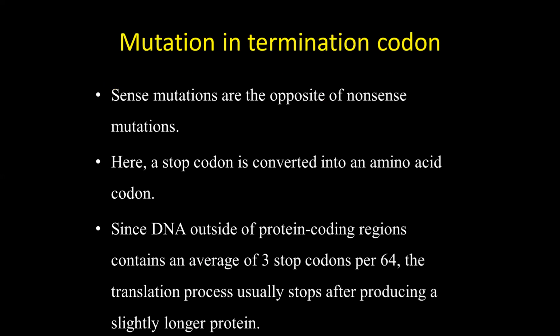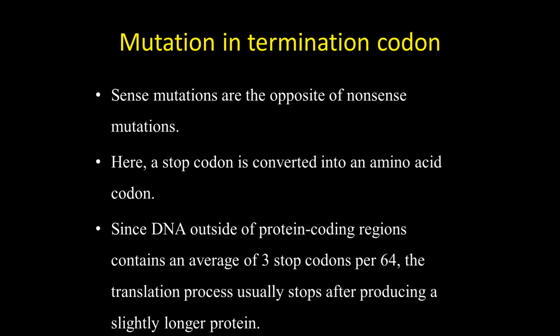The fourth type of mutation which occurs because of base pair substitution is mutation in the termination codon. These mutations are the reverse of nonsense mutation. What happens in a nonsense mutation? A sense codon is converted into a nonsense or termination codon. And what happens in this kind of mutation? A nonsense codon is converted into a sense codon.